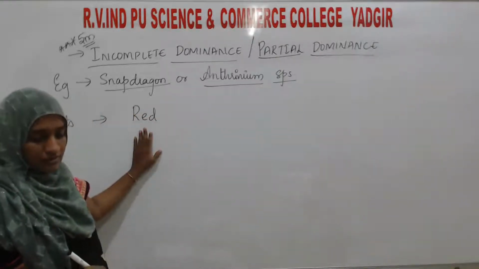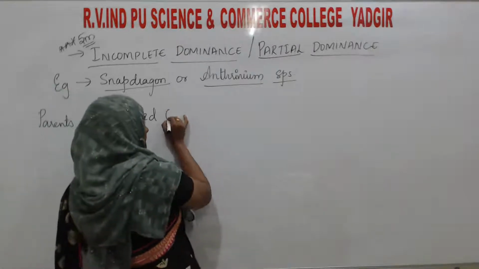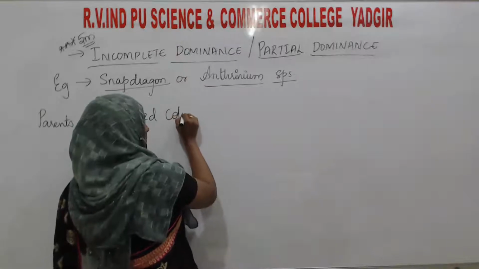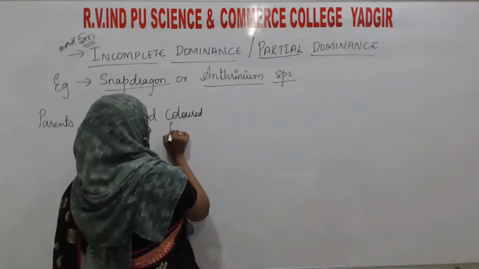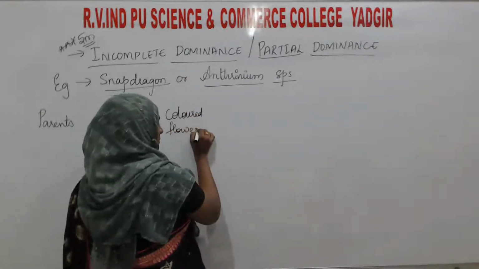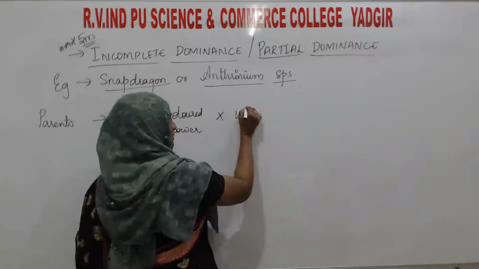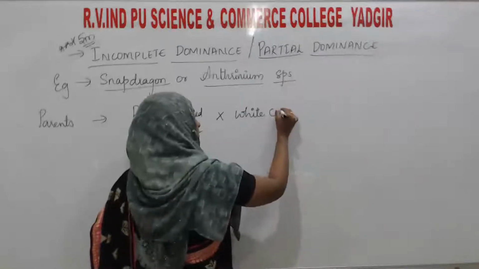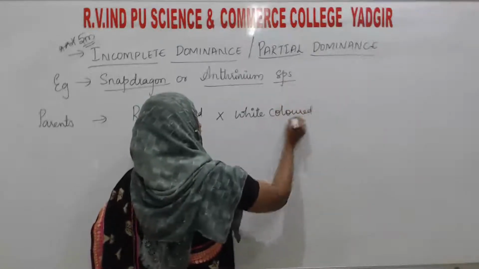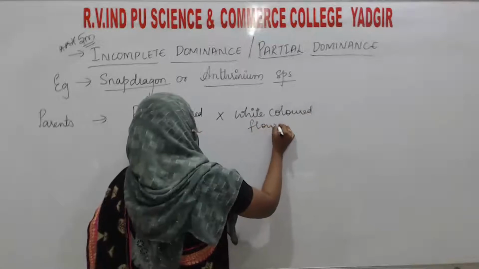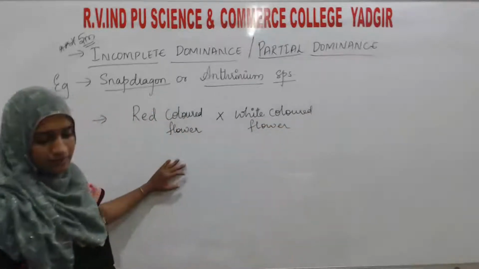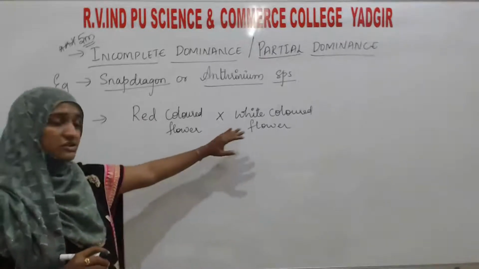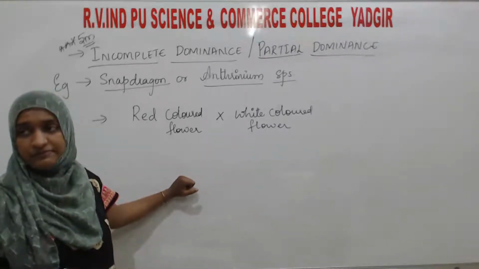Red colored flowers are crossed with white colored flowers. That means the plant which is having the red color flower is crossed with the white color flowers.